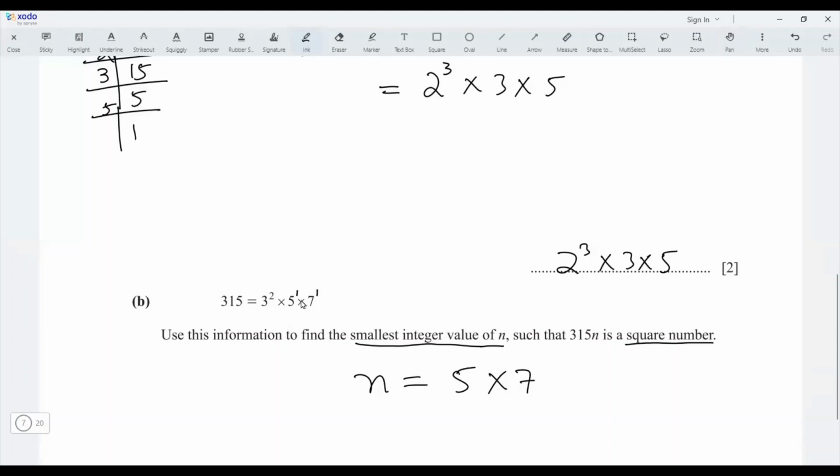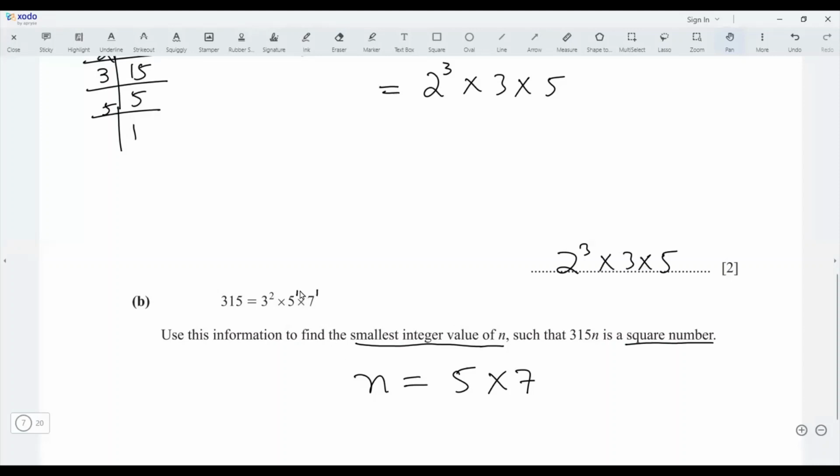Because we are looking for the smallest integer value, and this converts the indices into even numbers, so that if you apply a square root, powers must be half. In this case, except 3 squared, both of these have odd powers.